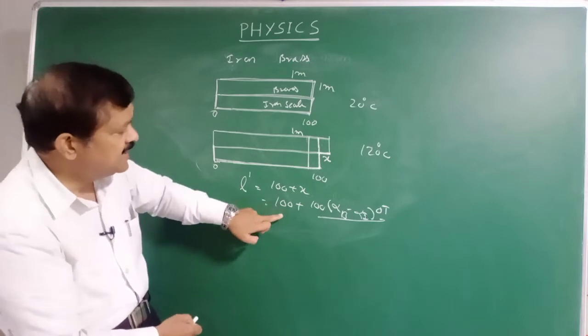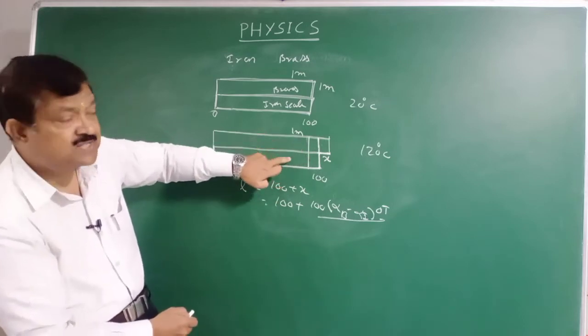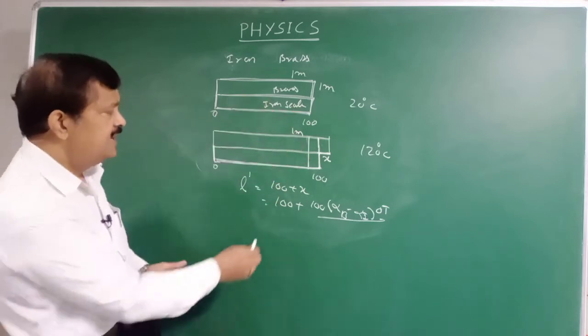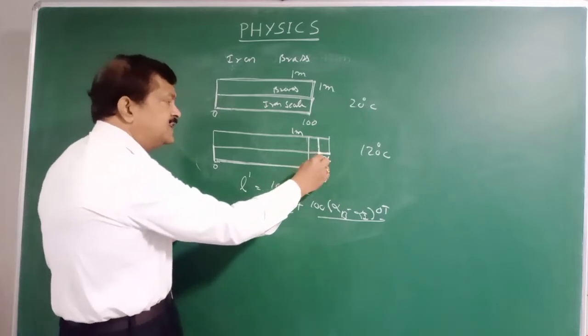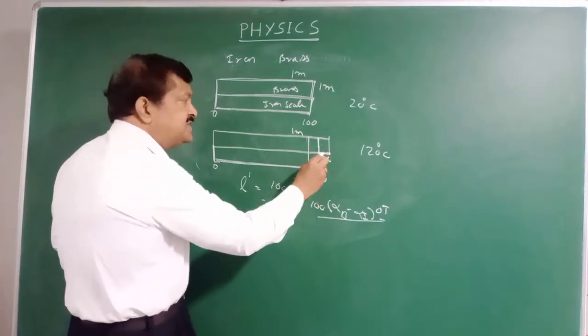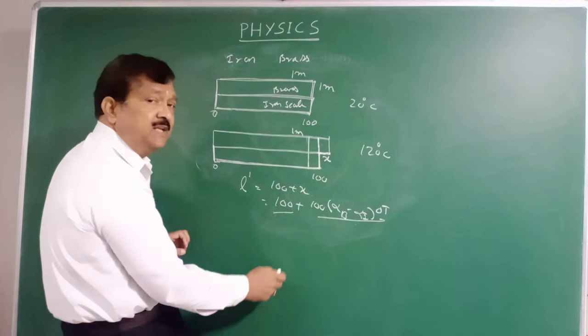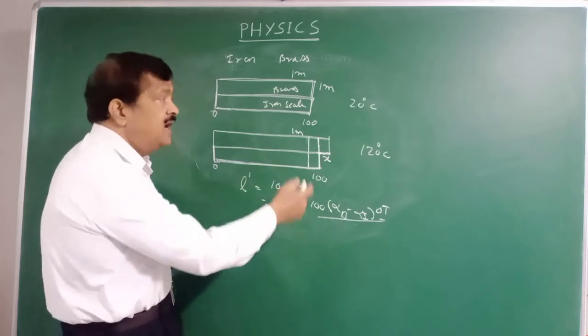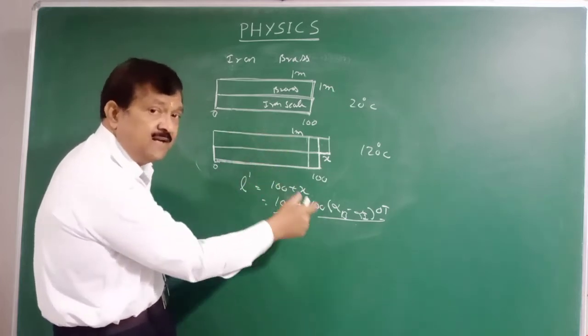The length of the brass rod as measured by this iron scale at the higher temperature is 100 plus this additional value, which is the differential expansion of the brass rod and the iron scale.